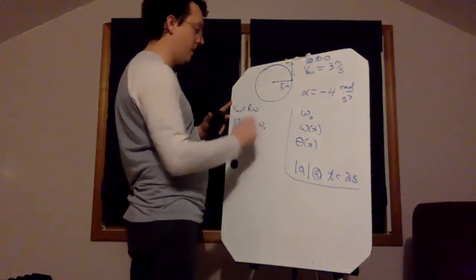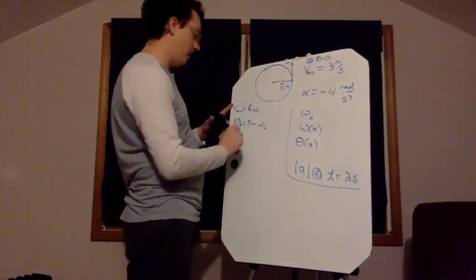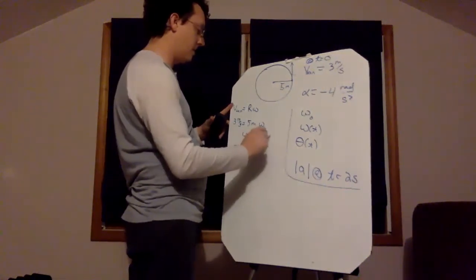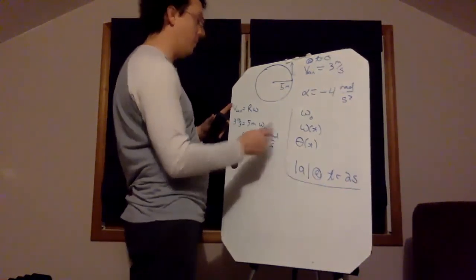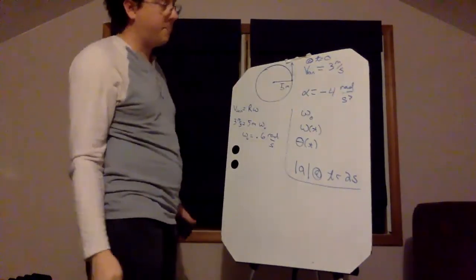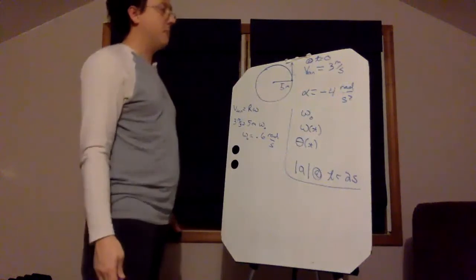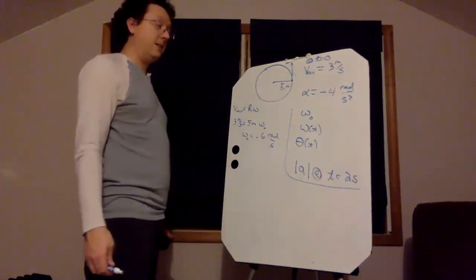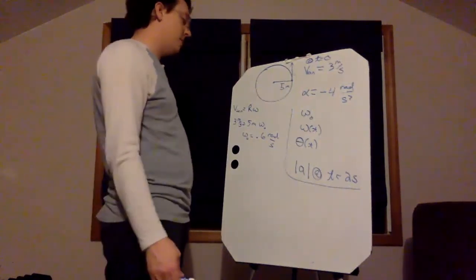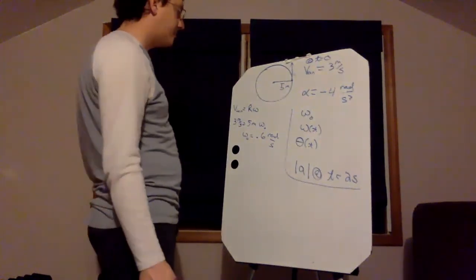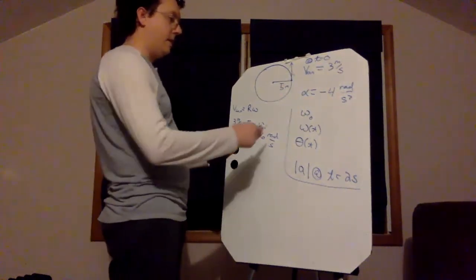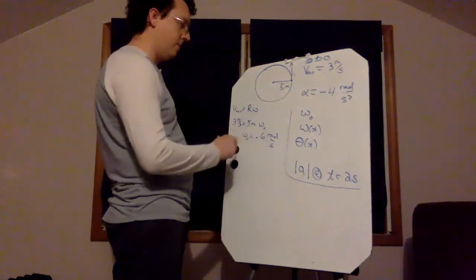And this would give me omega at time 0. And I get that omega at time 0 is just going to be 0.6 radians per second. And it'll be positive because it's counterclockwise. I'll be honest, for a lot of these problems, I just look at it, and if I see that it's moving clockwise, then it's a negative angle, and if it's counterclockwise, it's a positive angle. All right, great.